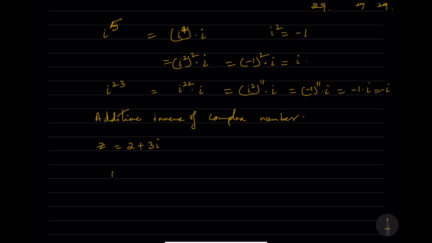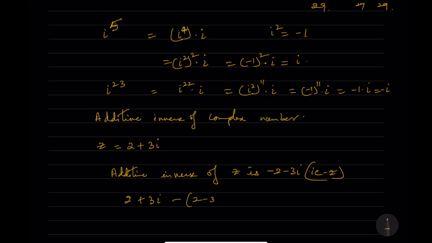The additive inverse of z is minus z, that is minus 2 minus 3i. So you get 2 plus 3i minus of (2 plus 3i), taking the negative of that, which is 2 plus 3i minus 2 minus 3i, which is equal to 0.